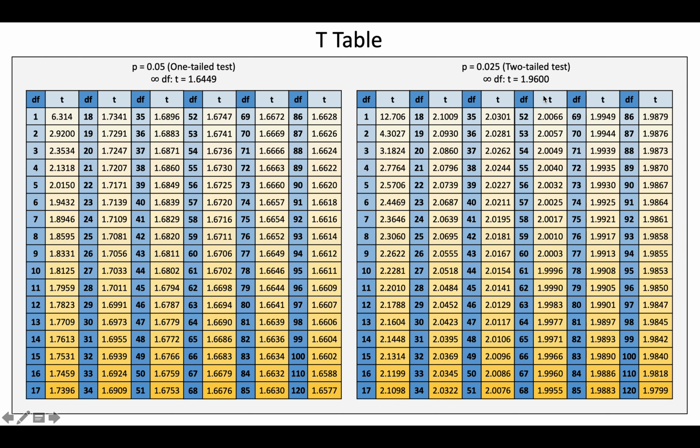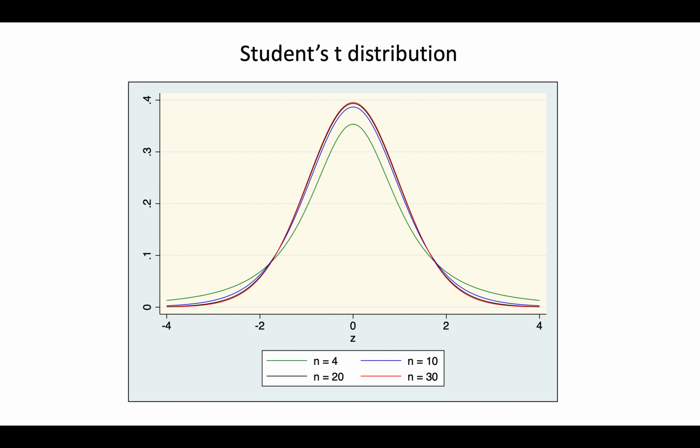And then, as I'm representing here, if the degrees of freedom tends to infinity, the T value is going to be exactly 1.96, which is exactly the one we use for the Z-score, the one that I explained to you before. So this is another representation of what I was trying to explain to you a couple of slides before.